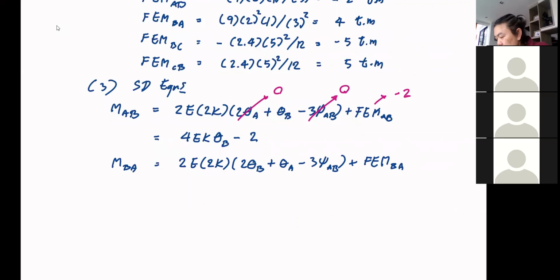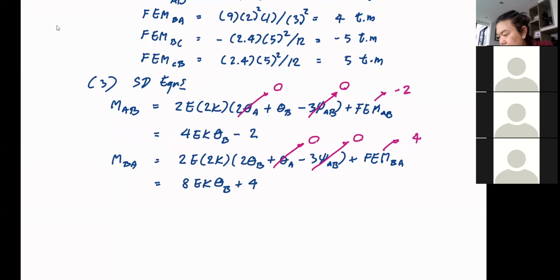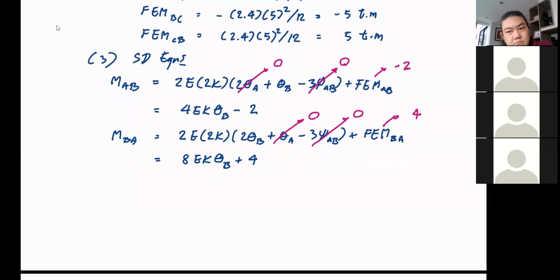So now we know theta A is 0, psi is 0, and this guy is 4. So this one comes out 2 and 2 and 2. So we have 8EK theta B plus 4. Okay. Let's move on. Am I going too quickly, guys? Hope not. Okay, thank you.